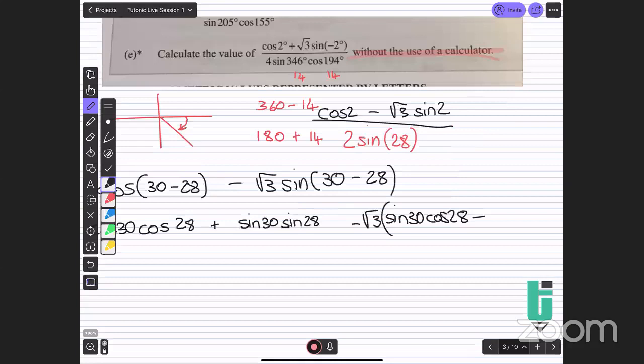Why is it minus? Because it's the sine compound angle.